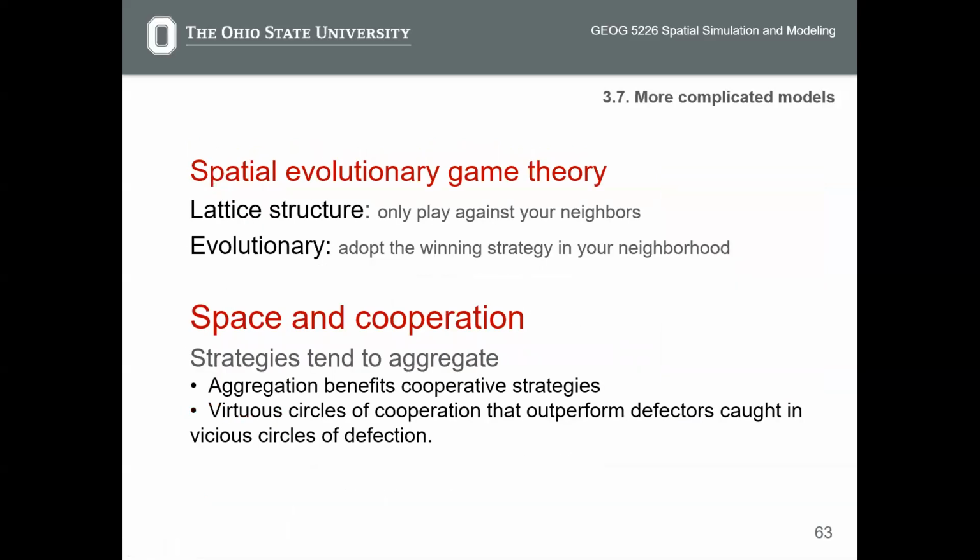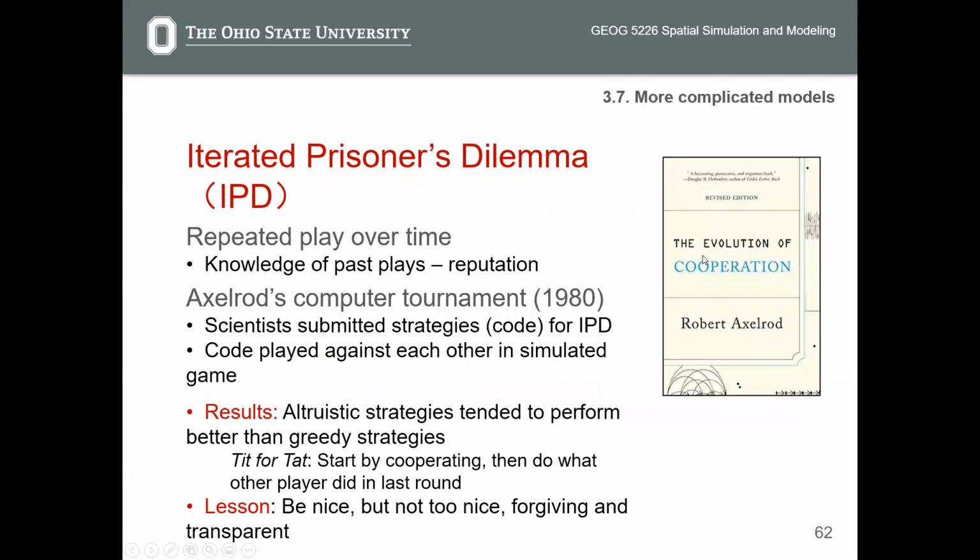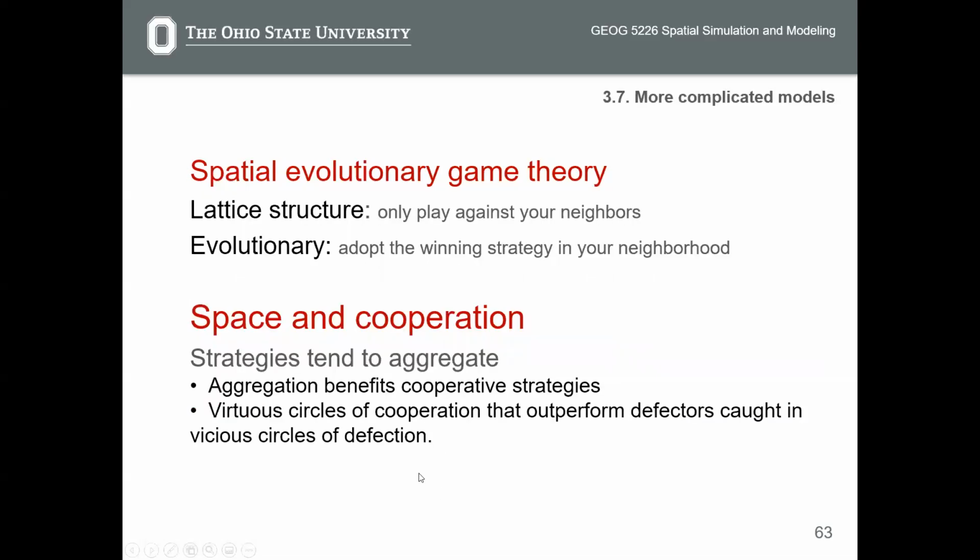Okay, how to give game theory a spatial context. Again, we use the lattice structure in that logo, and only play against your neighbors, not other cells very far away from you. Evolutionarily, adopt the winning strategy in your neighborhood. This is actually the implementation of this part of the sentence: do what the other player did in the last round.